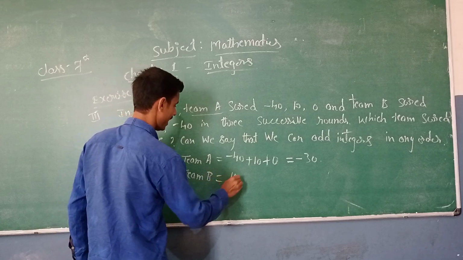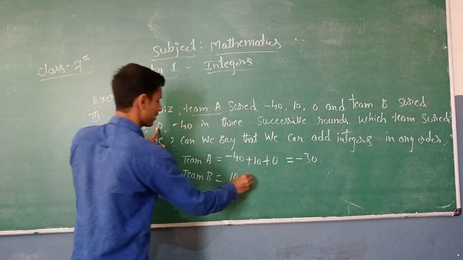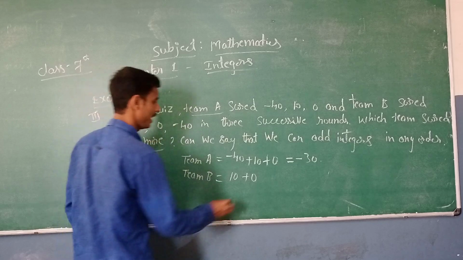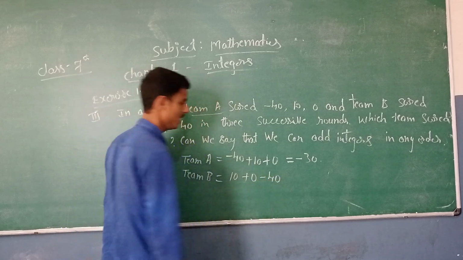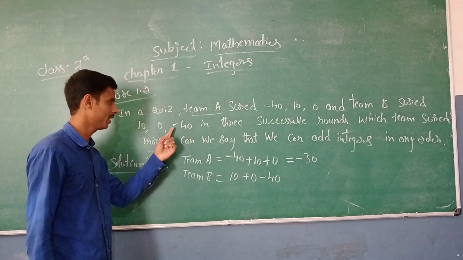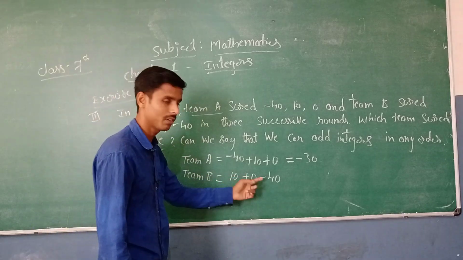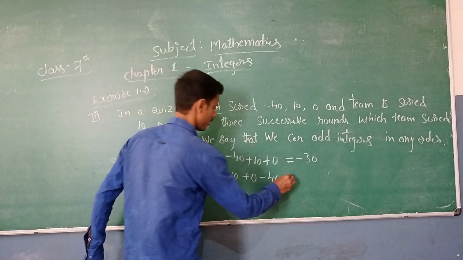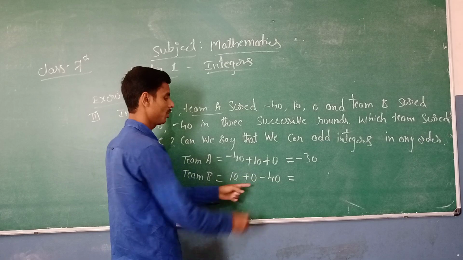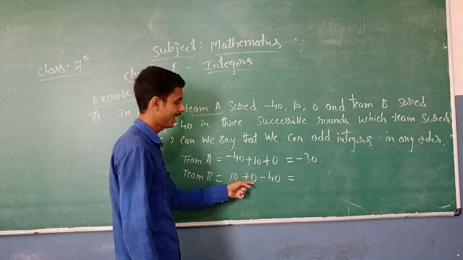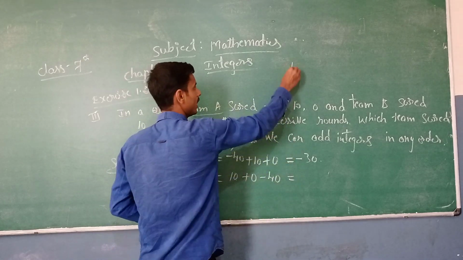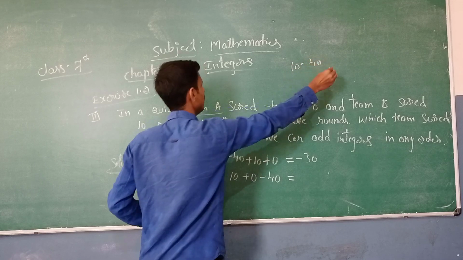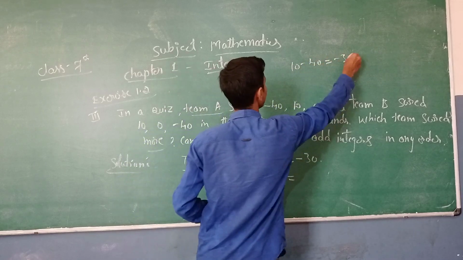In the first round 10, right? +0, -40. In the sum, whatever the sign is there we will write, because we are adding. Equals 10 +0 is 10, right? 10 -40 is -30 again, right?